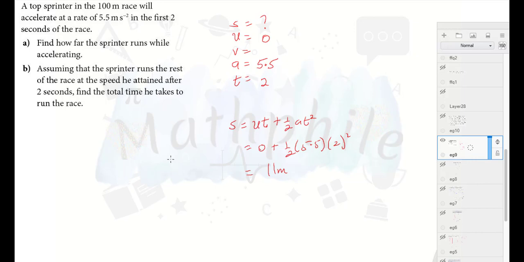So my initial and final velocity will be 11, which means that acceleration will be 0.